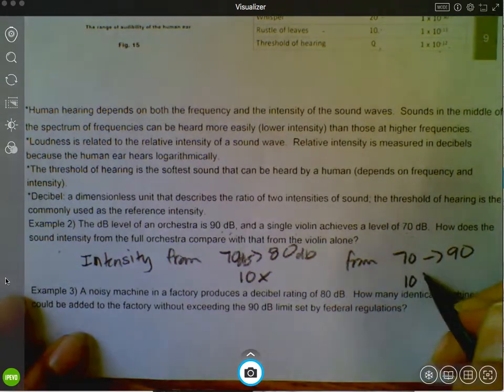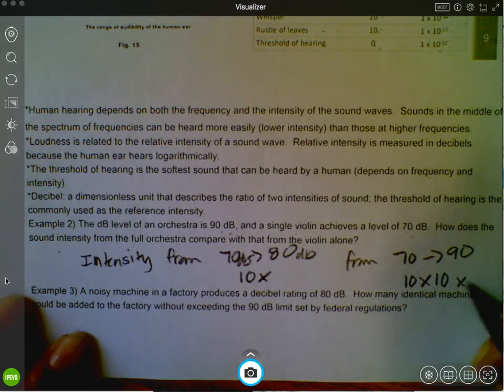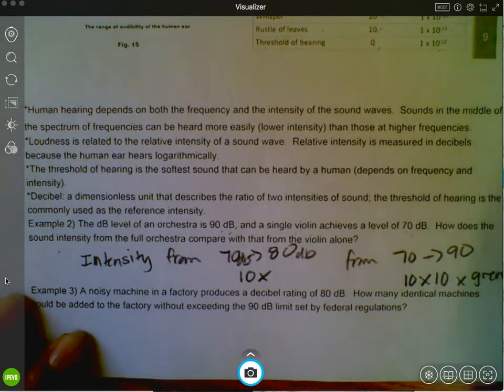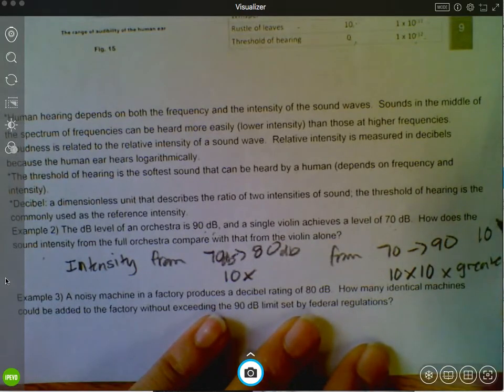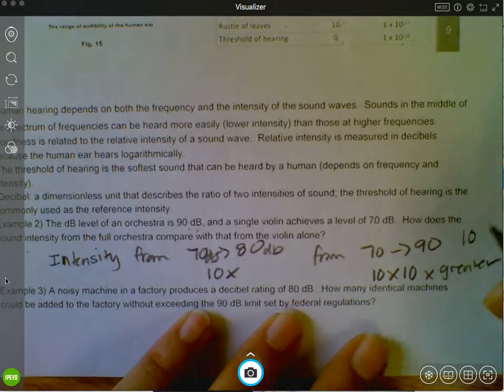It's 10 times 10 times greater. Which means, basically, for every 10 you go up, you do 10 to this exponent. So if we went up 10 twice, this would be 10 squared, which is actually 100 times greater.